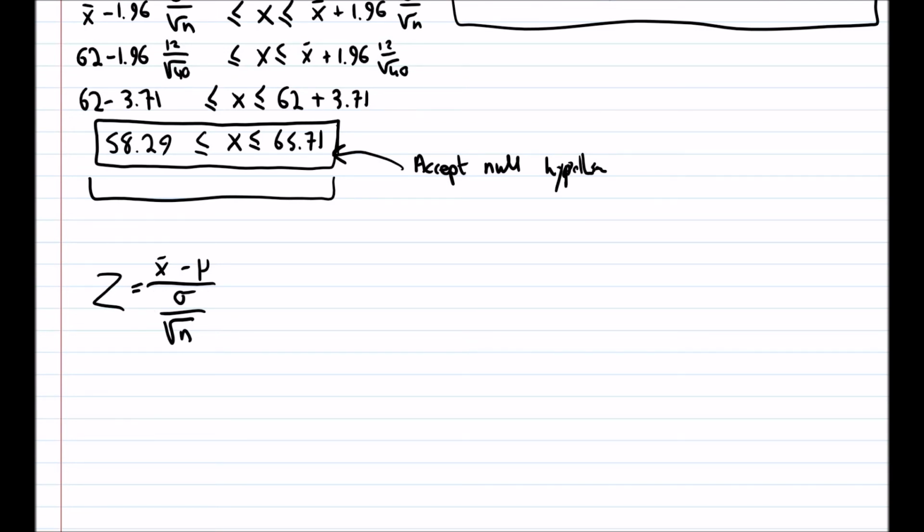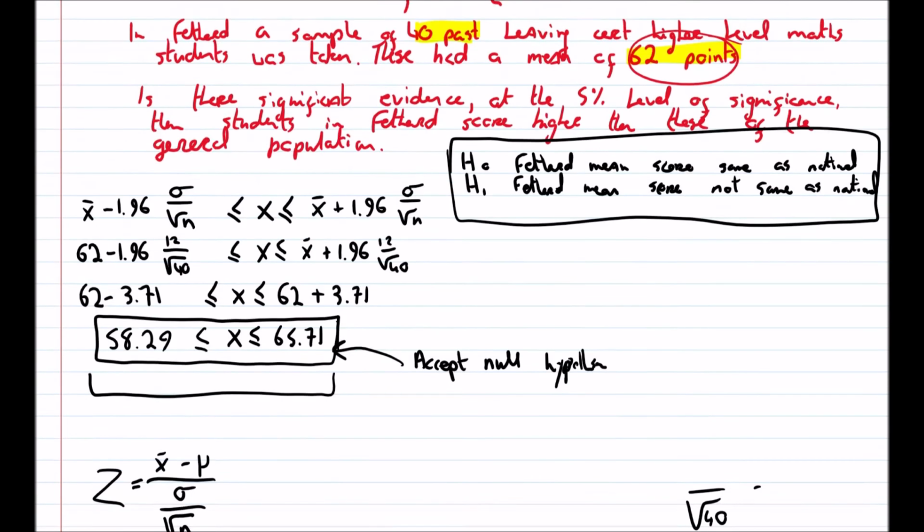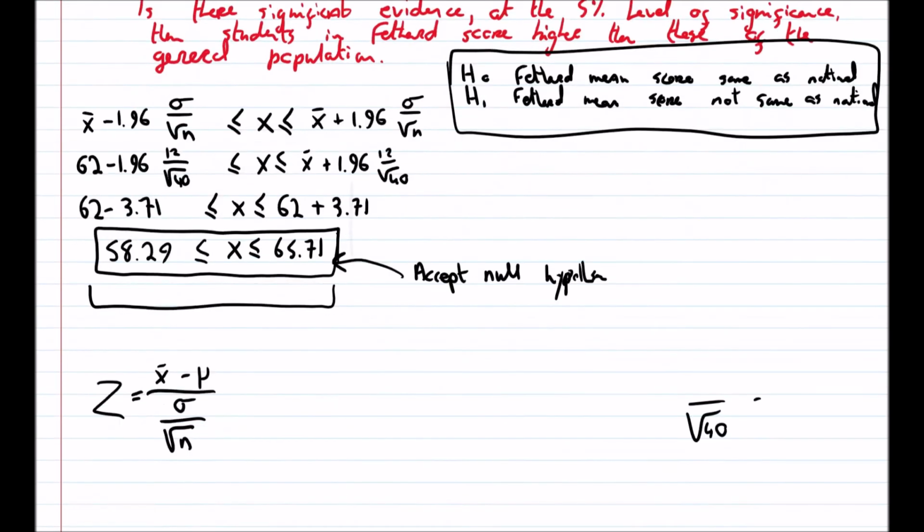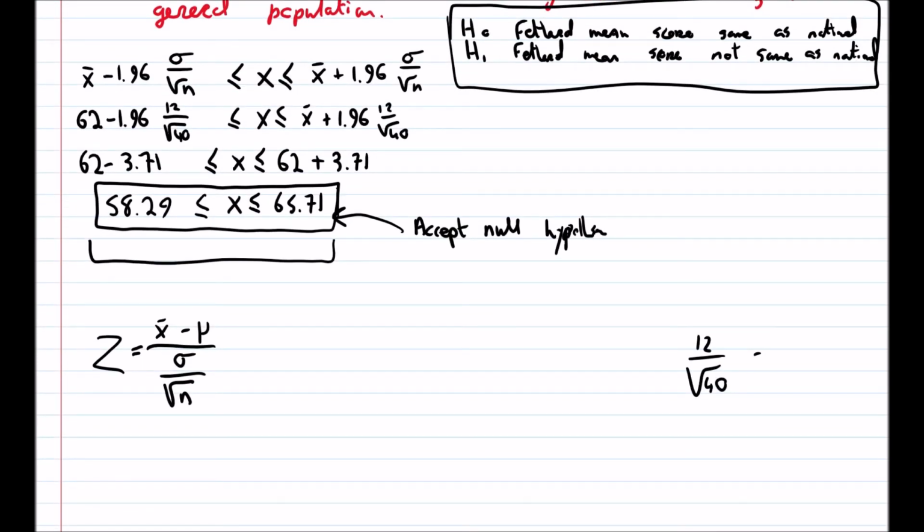We can throw it into the formula straight away, or we can just find it out up here. So it's 40, the standard deviation was 12. So that equals 1.89. So Z has 1.89 on the bottom.